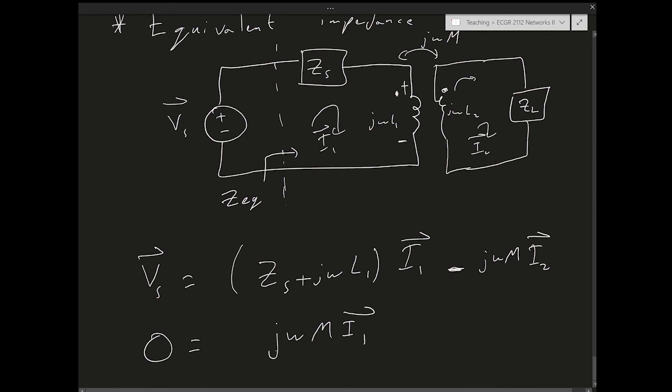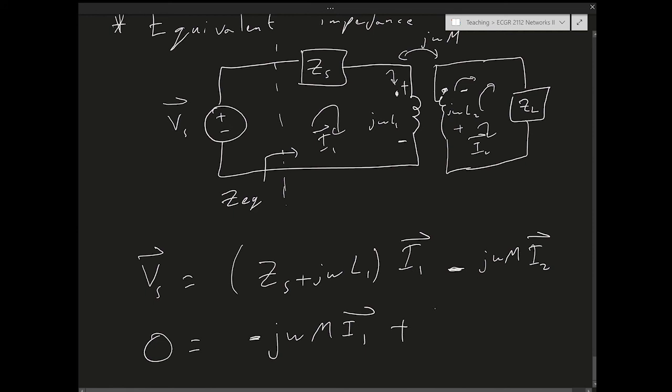And what about the sign? Well, I1 is going into the dot, so this suggests that the sign could be positive. But then I have to examine the polarity of the voltage I'm interested in. I'm doing KVL clockwise, so the polarity of the KVL voltage is this. So I'm going in this direction. The polarity is opposite the polarity of the dot, so this actually needs to be negative.